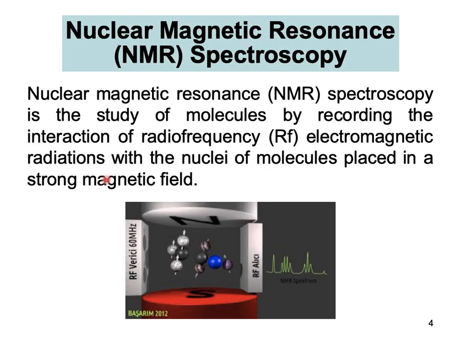Indeed, the structure of a compound can often be determined using nuclear magnetic resonance spectroscopy alone. Although in practice, structural determination is generally accomplished through a combination of techniques that includes nuclear magnetic resonance, IR spectroscopy and mass spectrometry.